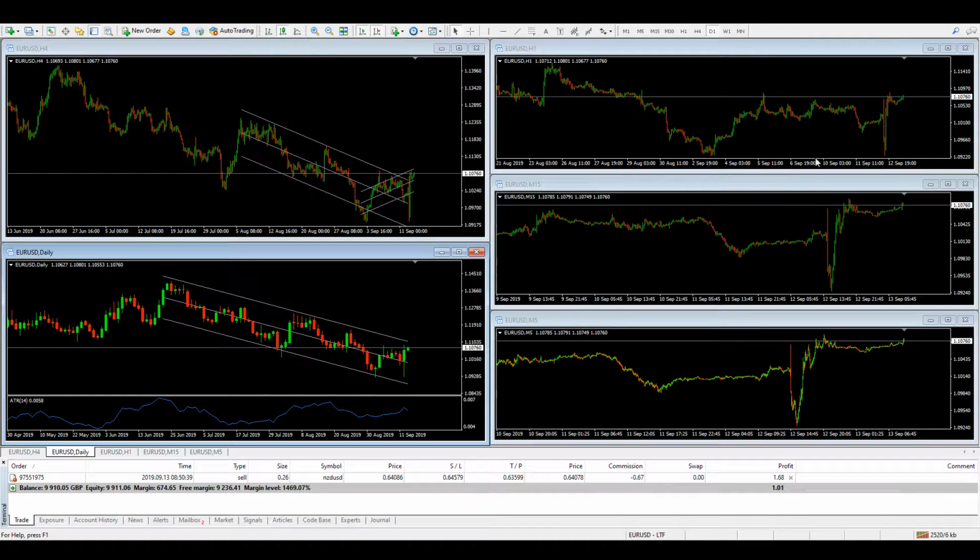And in this instance, it found support. You can see it's just dropped down, bang, come to this level, and then pulled away again. And you see that quite often happens around this level here.